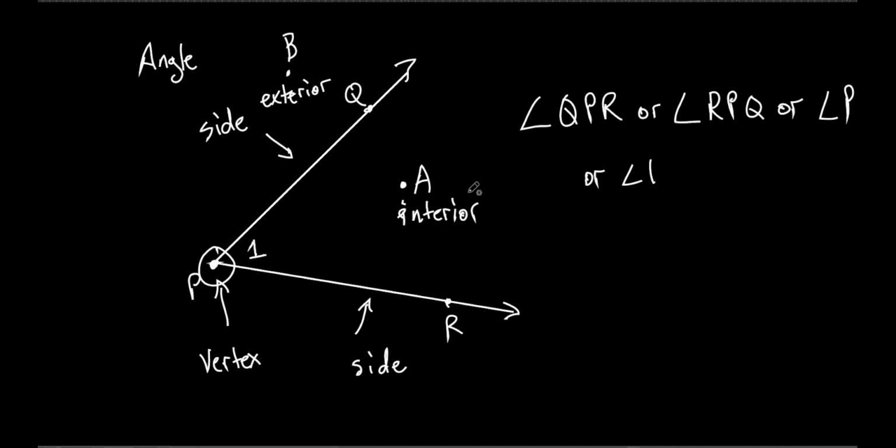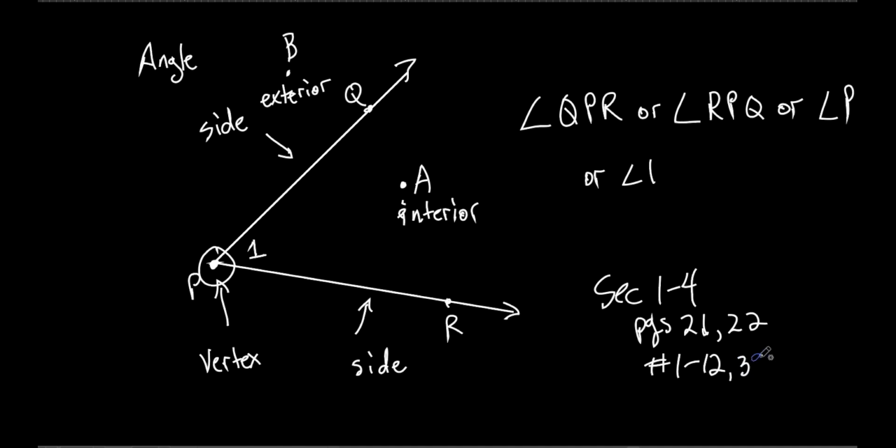I think we pretty much covered it. There's an example I would have liked to hit, but that's okay. So your homework is on your lesson plan. It's section 1-4. Remember, we skipped 1-3. It's pages 21 and 22, and we're doing 1 through 12, then I skip a bunch in the middle and go from 39 to 42.